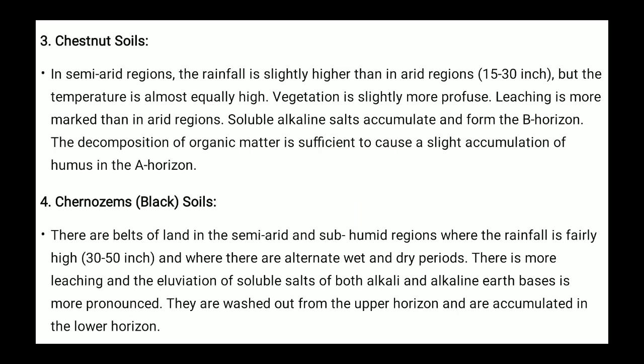Then chestnut soil. What is chestnut soil? A semi-arid region. The rainfall is slightly higher than the arid region, but the temperature is almost equally high. Vegetation is slightly more profuse. Leaching is more marked than in the arid region. Soluble alkaline salt accumulates and forms the B horizon. The decomposition of organic matter is sufficient to cause slight accumulation of humus in the A horizon.